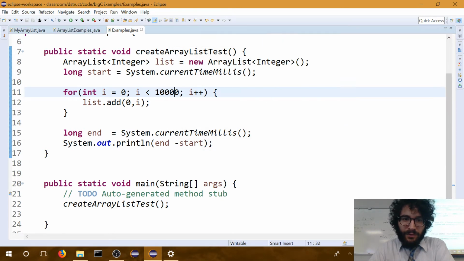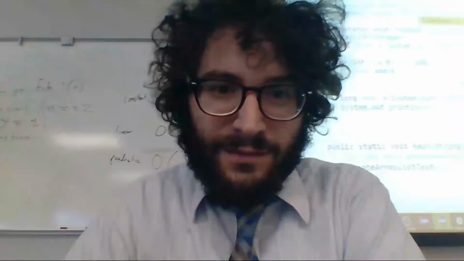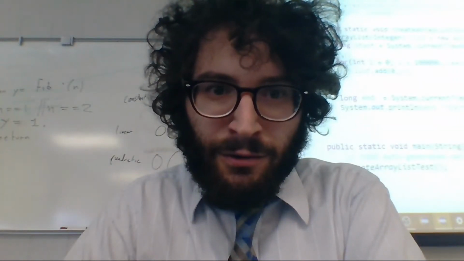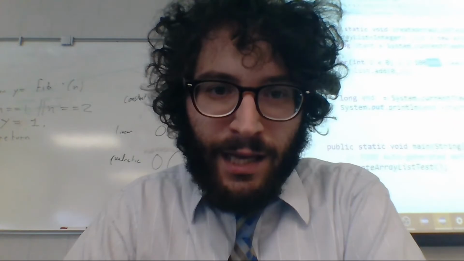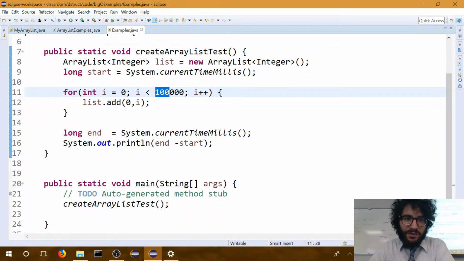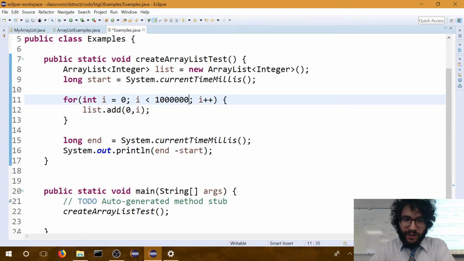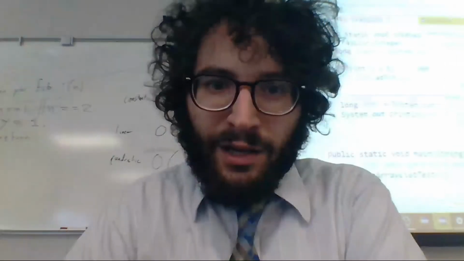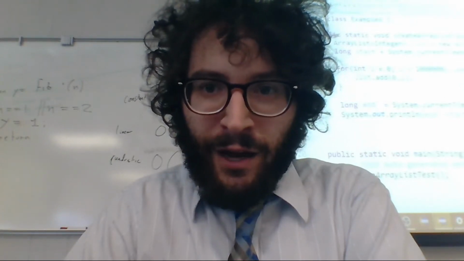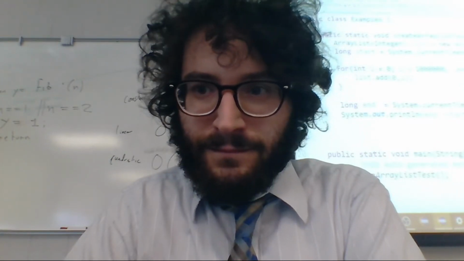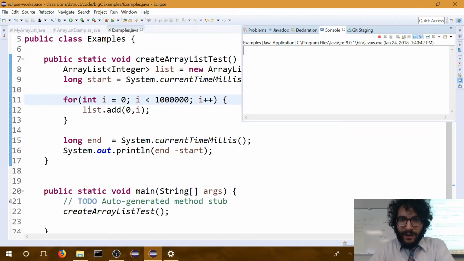Okay, that took, okay, too much. Increase it by a factor of 10. So doing 100,000 items takes about 0.4 seconds. Now let's run it again, factor of 10. And that's still running.